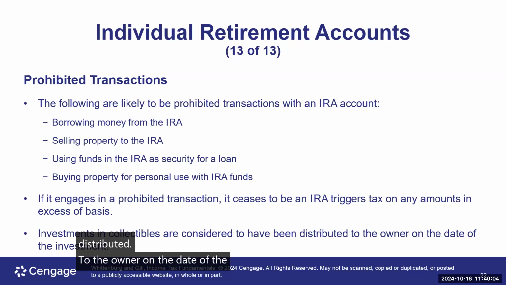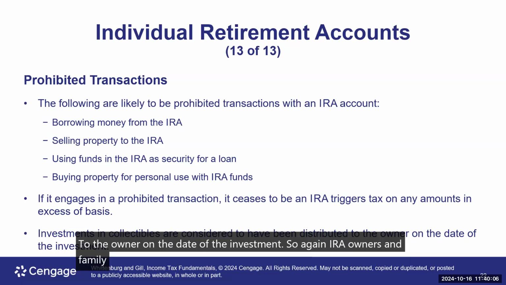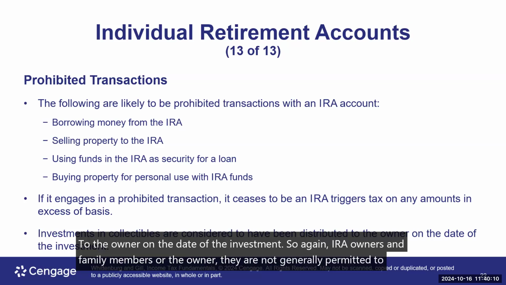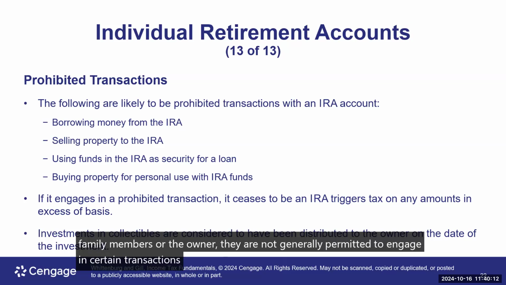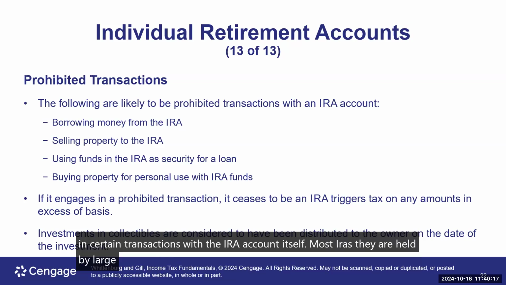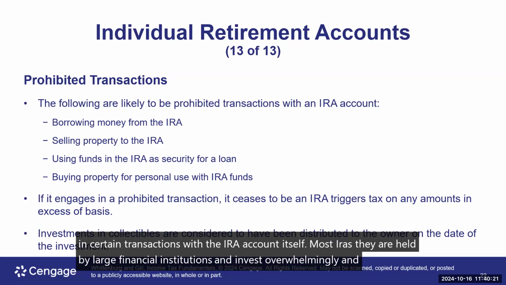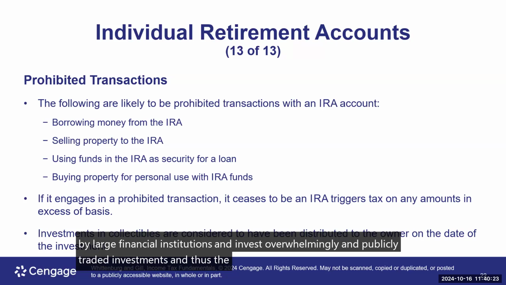Again, IRA owners and family members of the owner are not generally permitted to engage in certain transactions with the IRA account itself. Most IRAs are held by large financial institutions and invest overwhelmingly in publicly traded investments, and thus the risk of a prohibited transaction is generally extremely low.